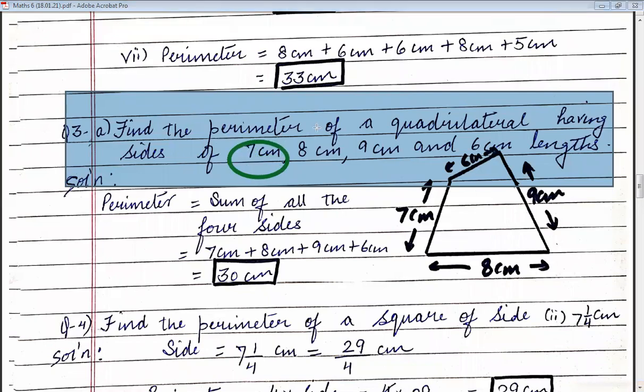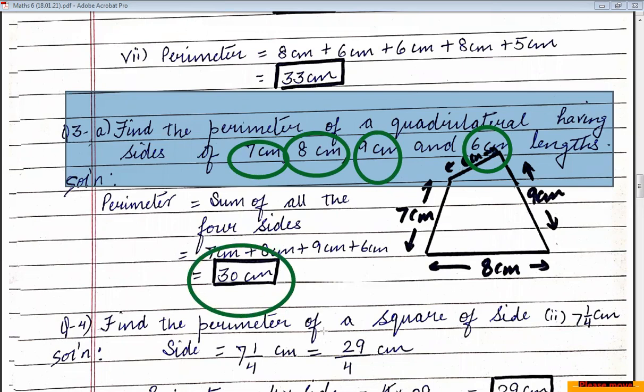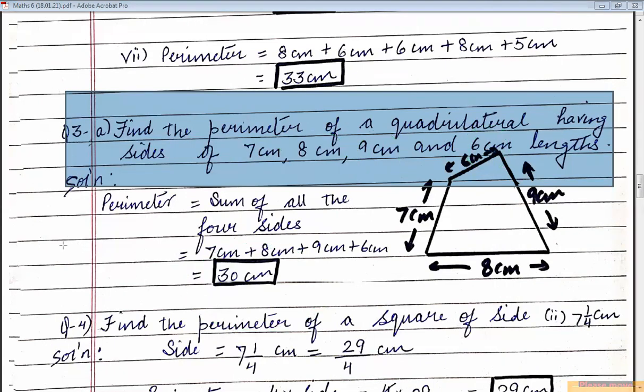You just have to add 7, 8, 9 and 6. When you add all these four sides, you will get your answer. So what will be your answer after adding? Answer is 30 centimeter. So now children, you can say that the perimeter of the given quadrilateral is 30 centimeter. Okay, so this is very easy.